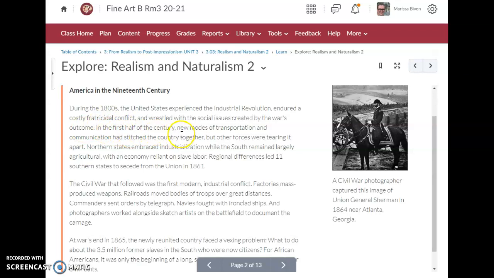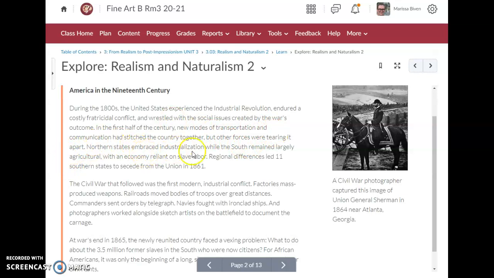In the first half of the century, new modes of transportation and communication had stitched the country together, so that's steam power and trains, like we've spoken about in previous units. Communication being the telegraph, stitching the country together, meaning connecting people across wide distances, but other forces were tearing it apart.